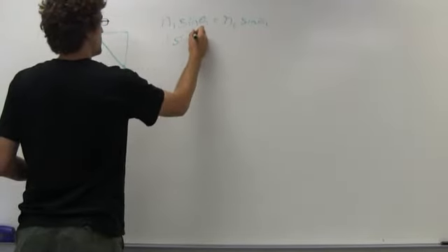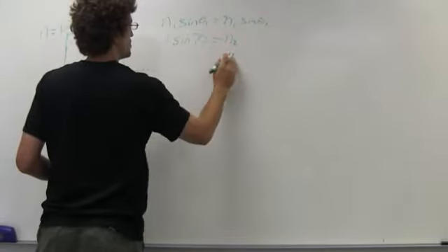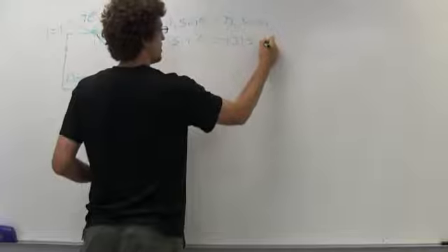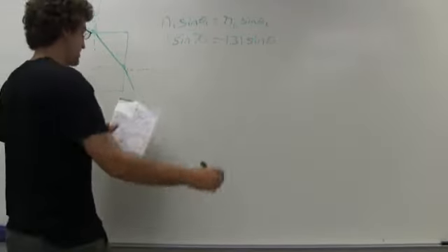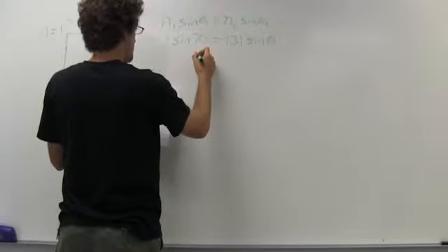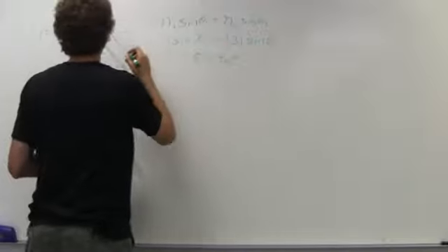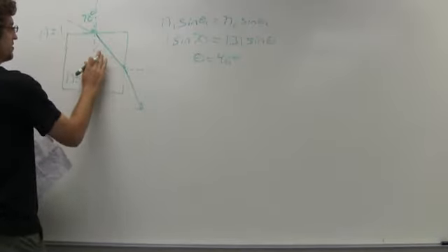Sine of 70 degrees equals n2, which is 1.31, times sine of theta. We do this, we should get that theta is equal to 46 degrees. So we know that this right here is 46 degrees.